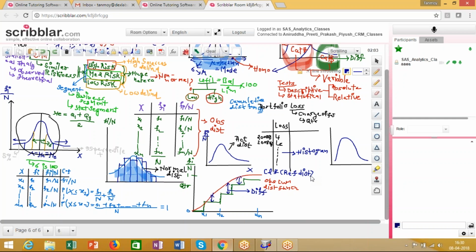We are not parametrically assuming that X has to follow a given distribution. We are testing whether X follows a given distribution or not. So this kind of test is known as a non-parametric test. Clear?